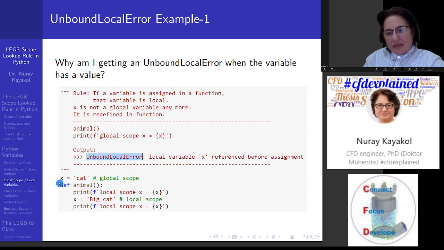First, x is cat, that is global scope, good, and then definition of animal function. What we learned, one can reach global variable inside of a function, then the programmer types this print statement because he or she wants to know what is the value of x in this function.